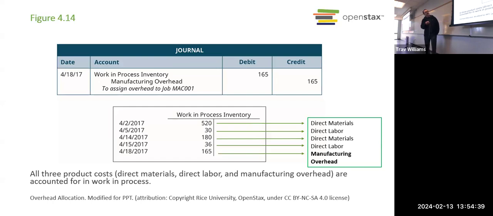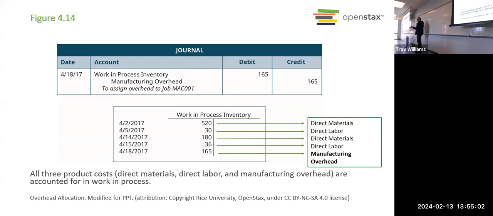The way we journalize it, you see how there's a credit to manufacturing overhead and a debit to work in process inventory? Let's pick that apart. All the manufacturing overhead costs go into the same account.